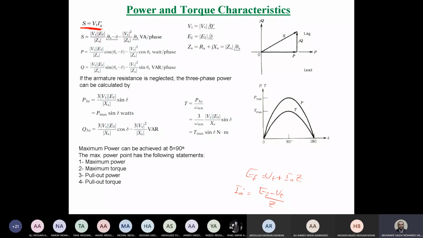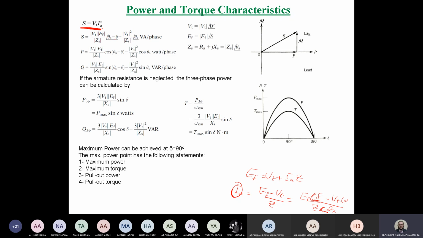Is it right? So now, in angles, it's equal to EF at angle delta minus V terminal at angle 0, divided by Z at angle theta. When you substitute IA conjugate in the equation, you will find that V multiplied by I will be V terminal multiplied by EF over Z at angle theta S minus delta.